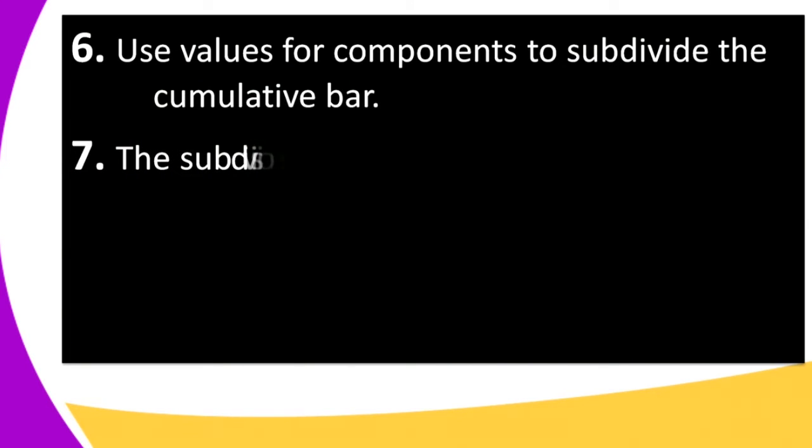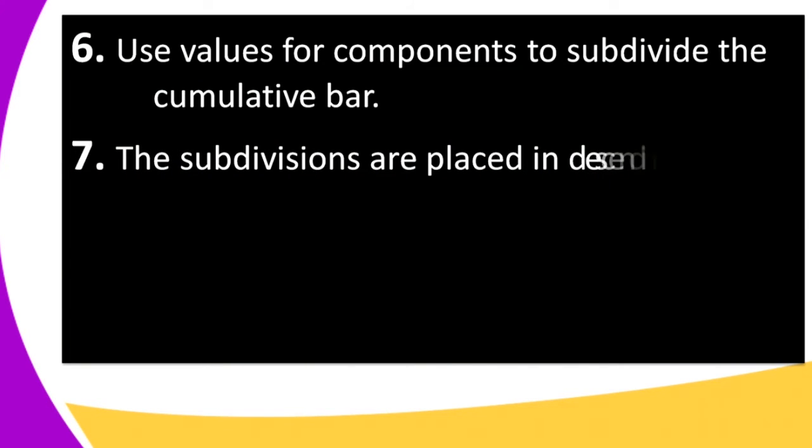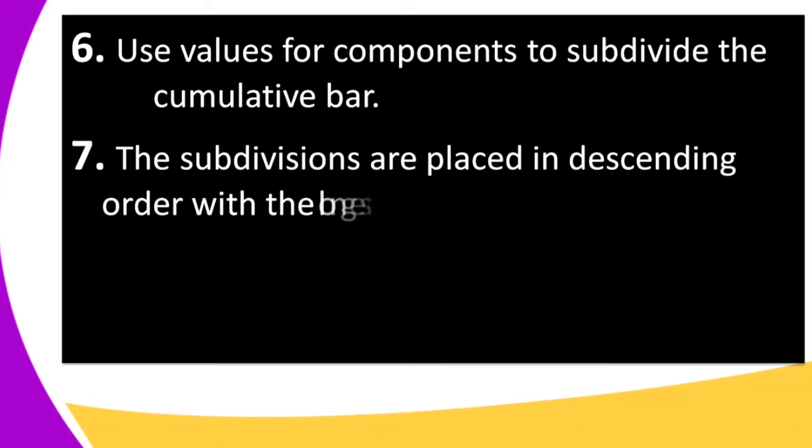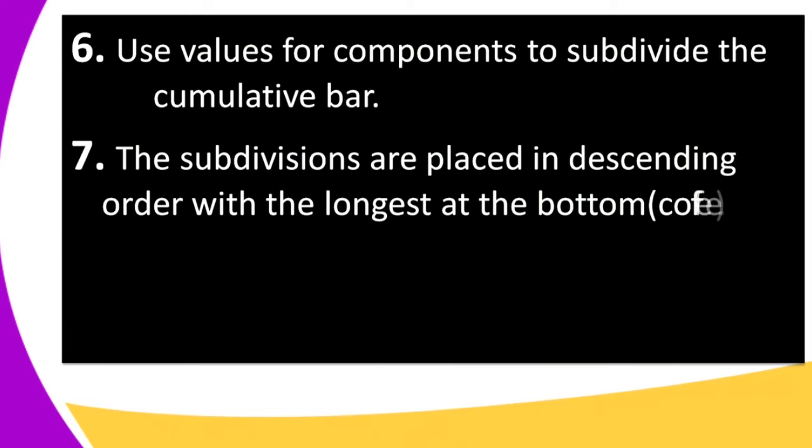Our next step will be to use values for components to subdivide the cumulative bar graph. We have seen this in our earlier image of a cumulative bar graph. Our 7th step will be that the subdivisions are placed in descending order, with the values that we find at the bottom part of the data when you are combining the cumulative frequencies.